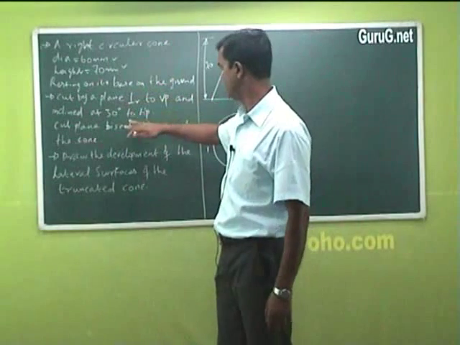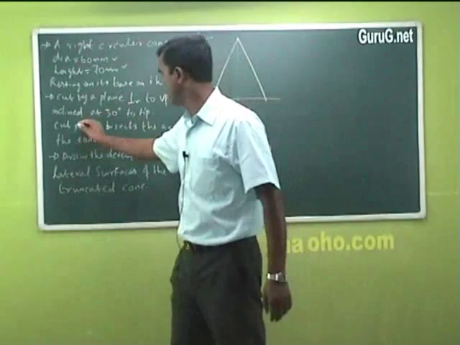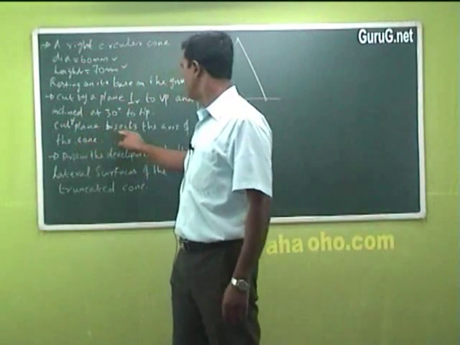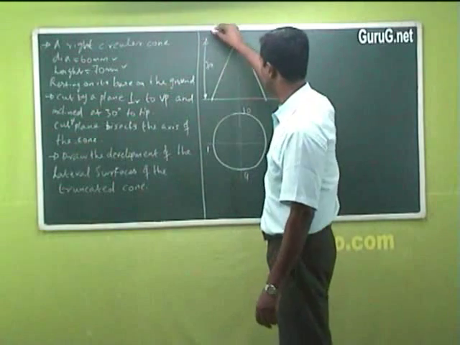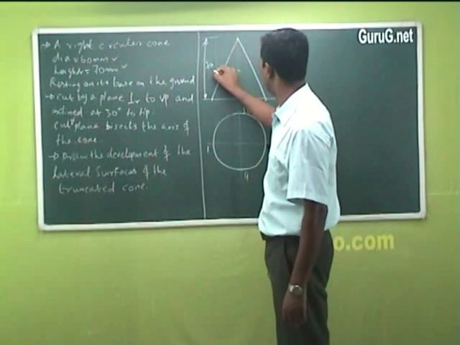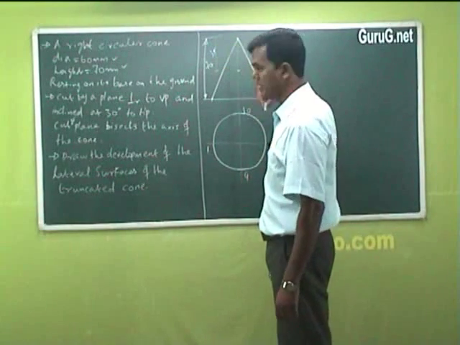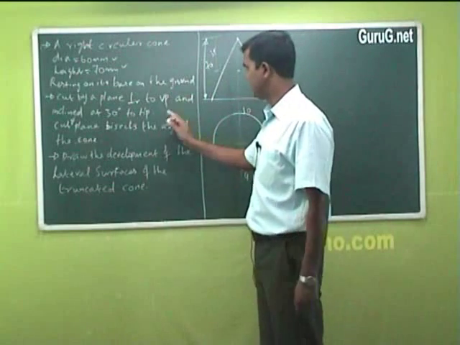Wherever the inclination is to HP, the cut plane, or cutting plane, bisects the axis of the cone. That means the axis height is 70 millimeter, and the center, at around 35 millimeter, is where the cutting plane bisects. That's what he meant to say: it bisects the axis of the cone.